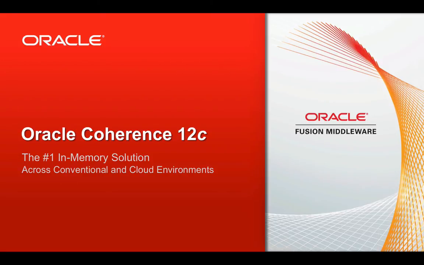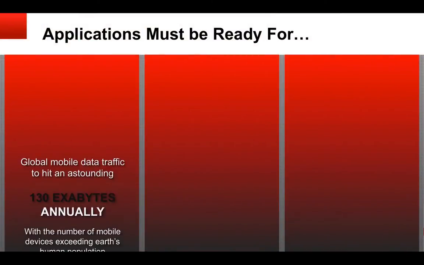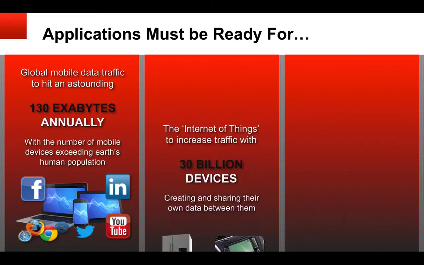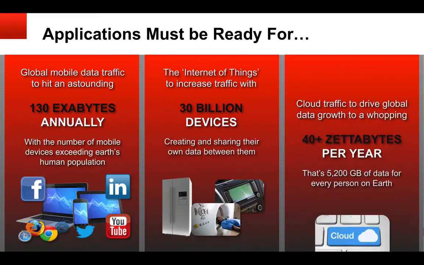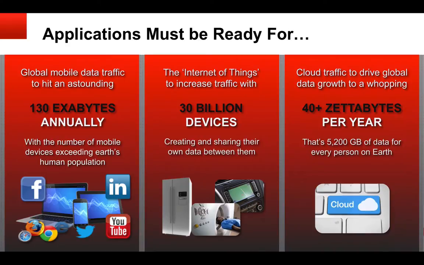So, what are some of the things that we're seeing in the industry that continue to drive in-memory data grid growth? Well, most notably, there's an acceleration in growth of data across all industries, whether it's driven by big data or fast data, driven by data from devices, what we call the Internet of Things, and driven by mobile apps and by social apps that are always on, that are always connected.